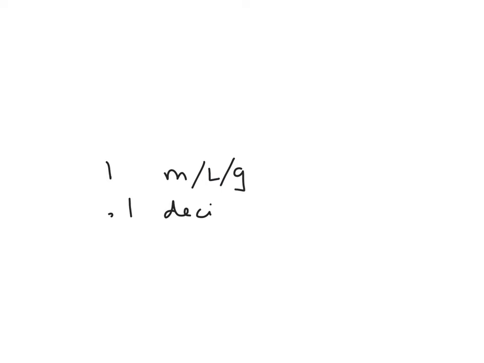If I have a centimeter, centiliter, or centigram, I have 0.01 of a meter, liter, or a gram. And if I have a milliliter, millimeter, or milligram, I have 0.001 of a meter, a liter, or a gram.